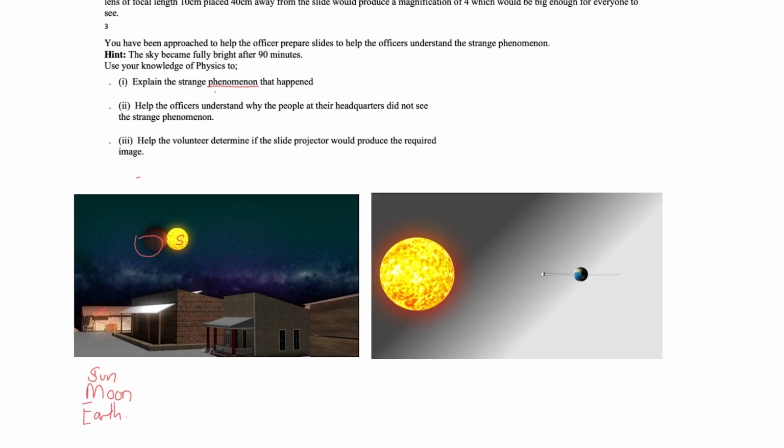To further understand this, we all know that the earth rotates around the sun, whereas the moon rotates around the earth, as we are seeing. That is the moon rotating around the earth.